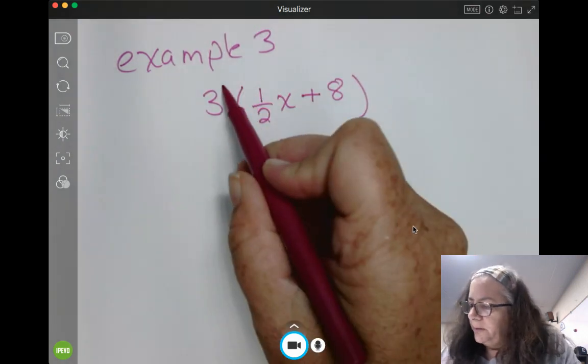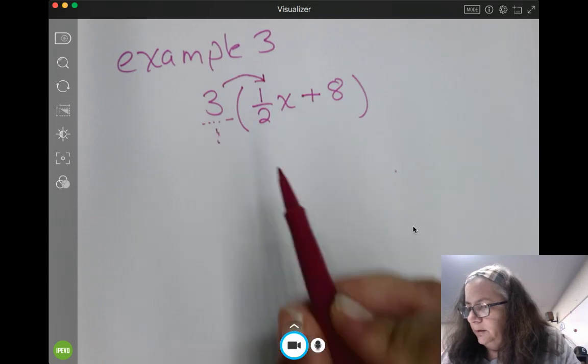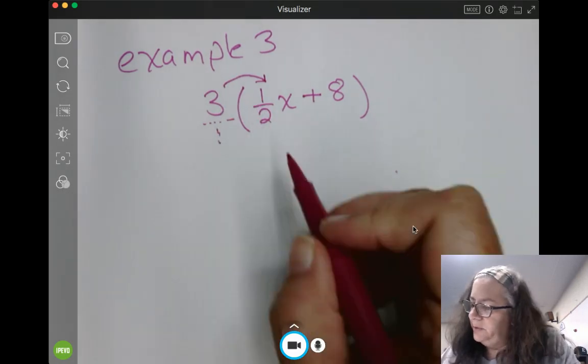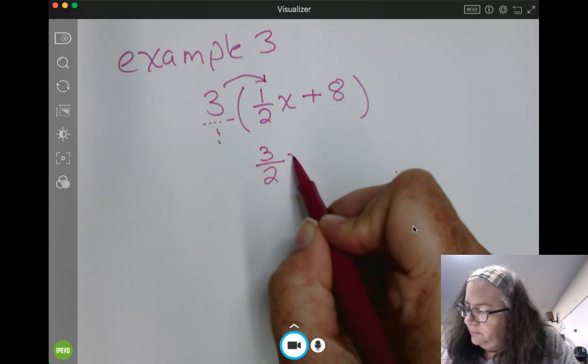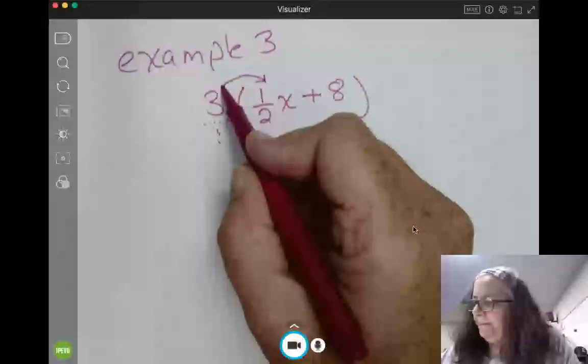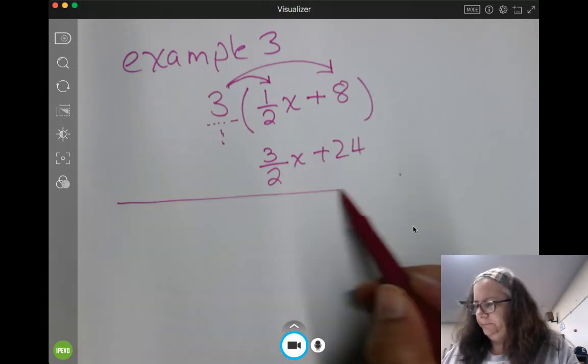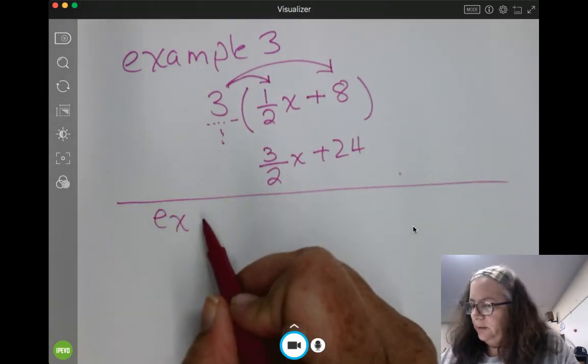Okay, so we're going to go 3 times 1/2 x. If you want to just do that, you can. So that's just going to be 3 over 2x. 3 times 8, 24. Done. Okay, here we go. Example 4.